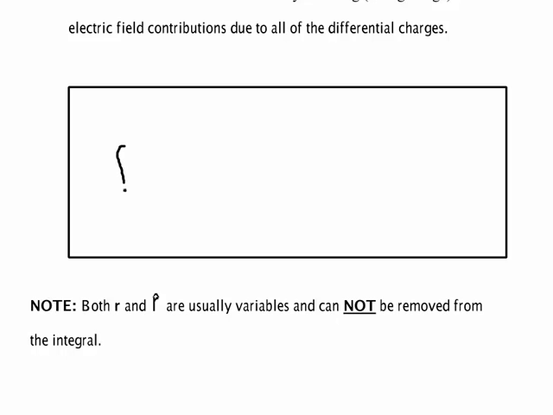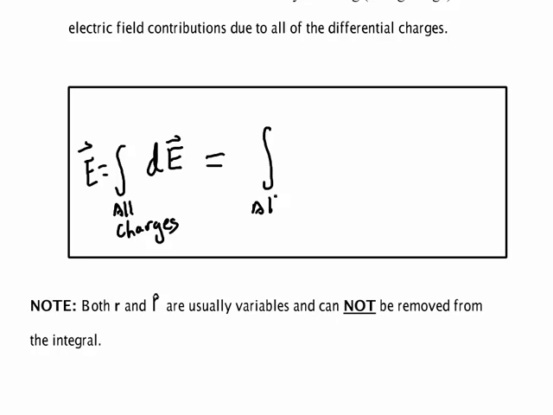The electric field, E, is equal to the sum of the small contributions of each electric field of each little bitty charge, which is the integral across all charges of K dq over r squared r hat.